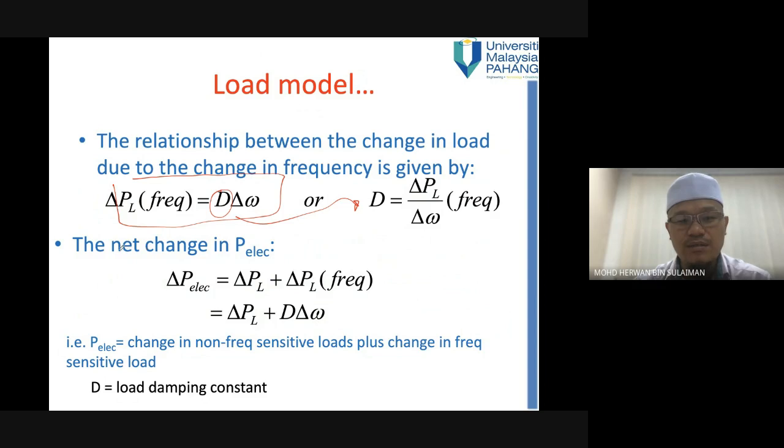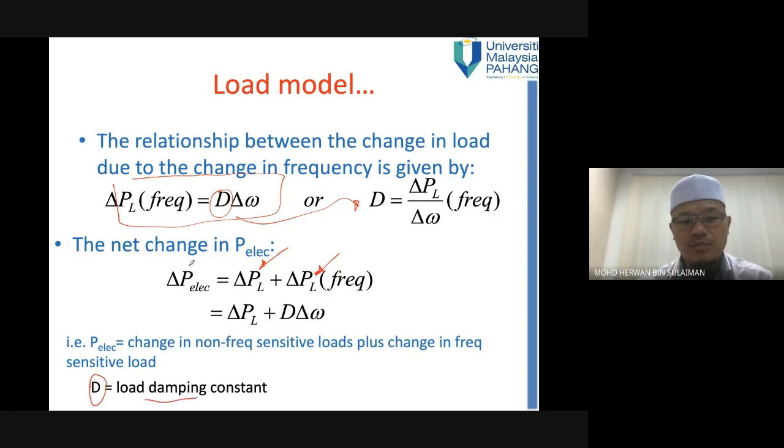In the net change in P elect, this one is delta PL that is not related to the frequency, and this one is delta PL that has the effect from the frequency. So we just swap this. Your delta PL is D omega, where D is the load damping constant. Okay, this is the load damping constant.